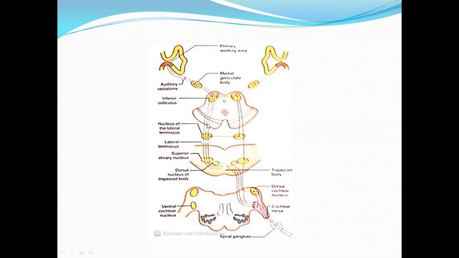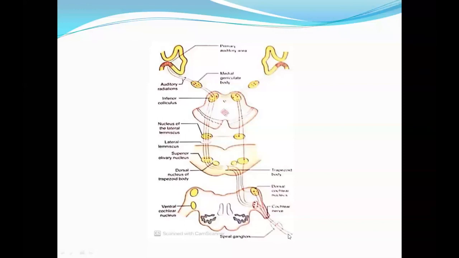So these are the first order neuron, second order neuron, third order neuron, ending up in the inferior colliculus, and from the inferior colliculus, the fourth order neuron starts. They end up in the medial geniculate body, and from the medial geniculate body, the fifth order neuron starts. They end up in the primary auditory cortex, areas 41 and 42.